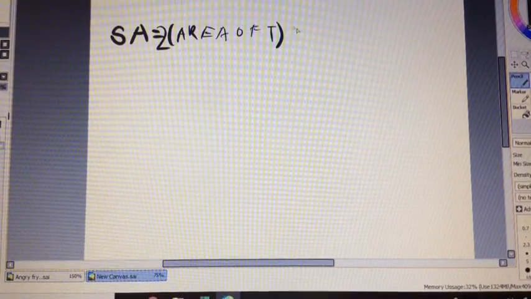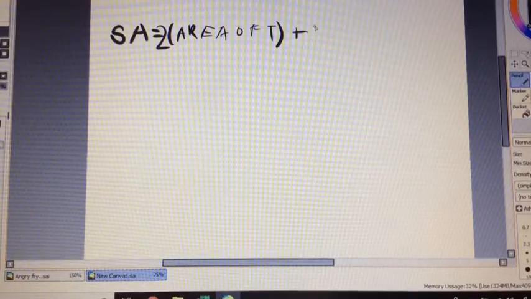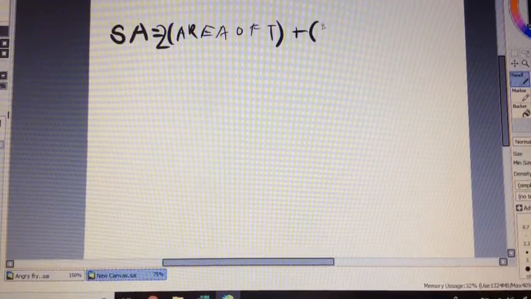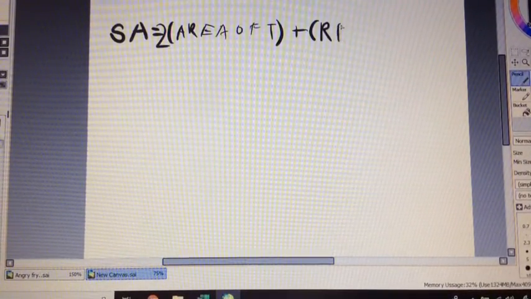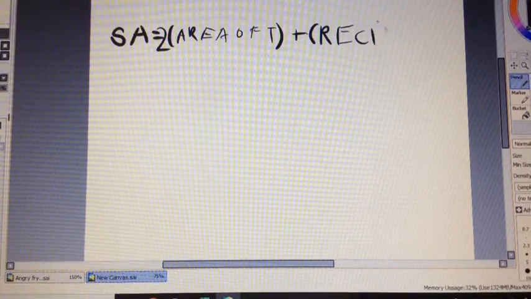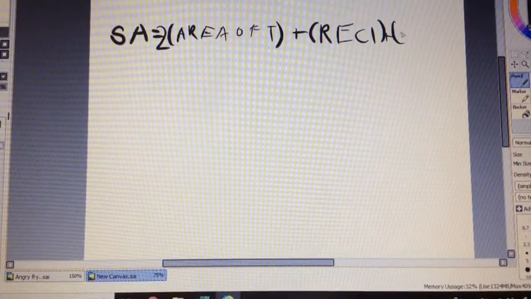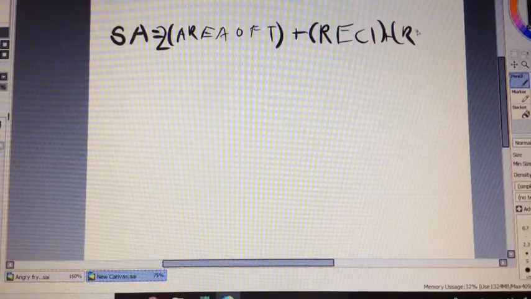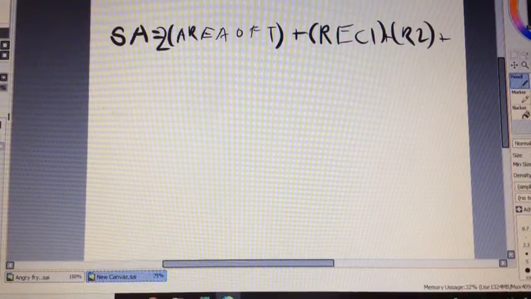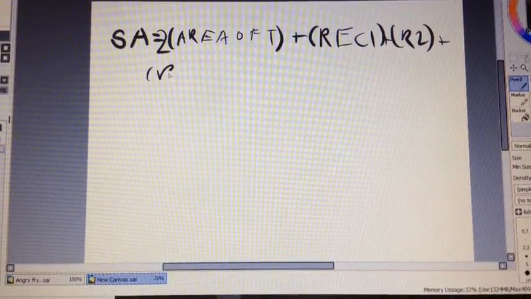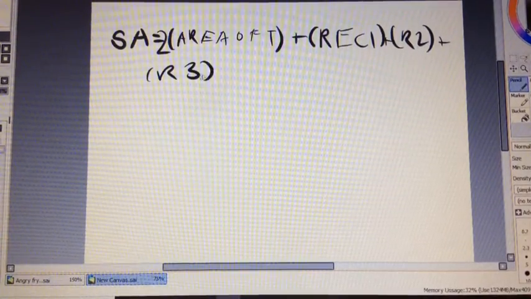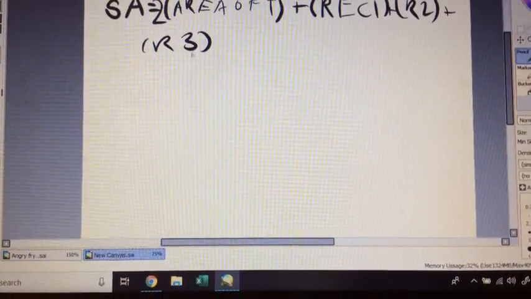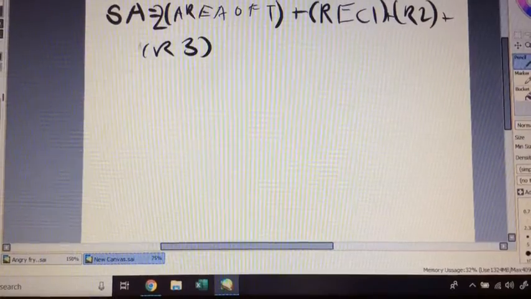Yeah, just like that. Plus all the rectangles' area, which is rectangle 1 plus rectangle 2 plus rectangle 3. So that's technically it.